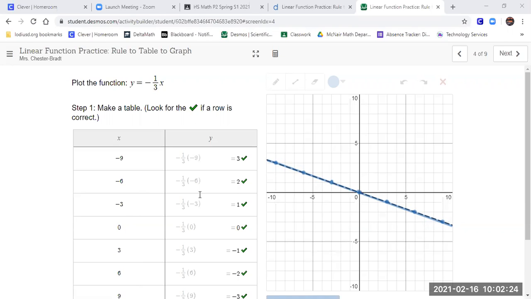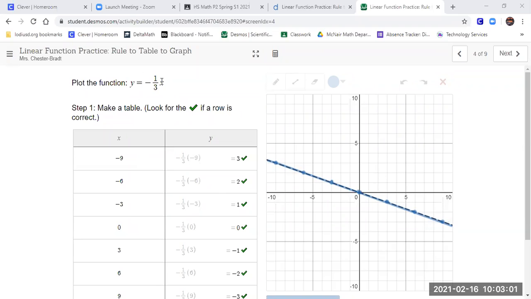They picked 3s. Why did they pick x's that are 3s? Why?